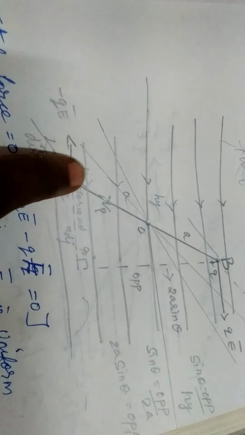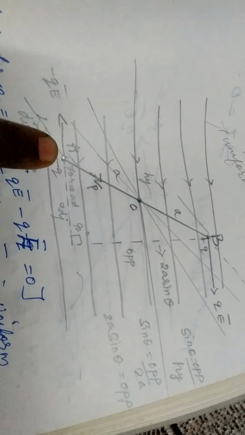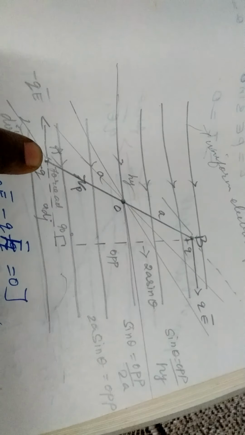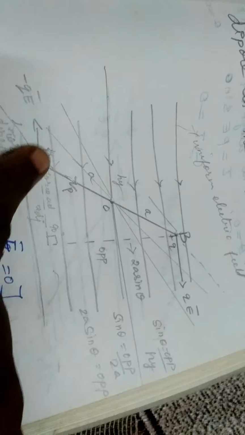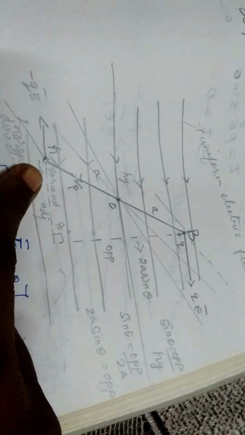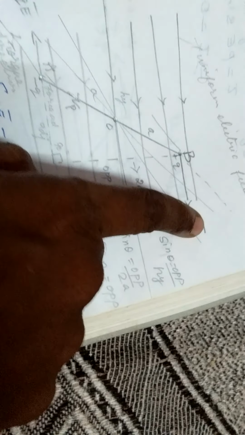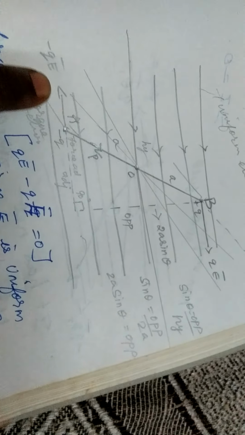Next, in between those lines, the point q I consider as point A and the other as point B. Here are the negative charges, here are the positive charges. The electric field you see going this side.